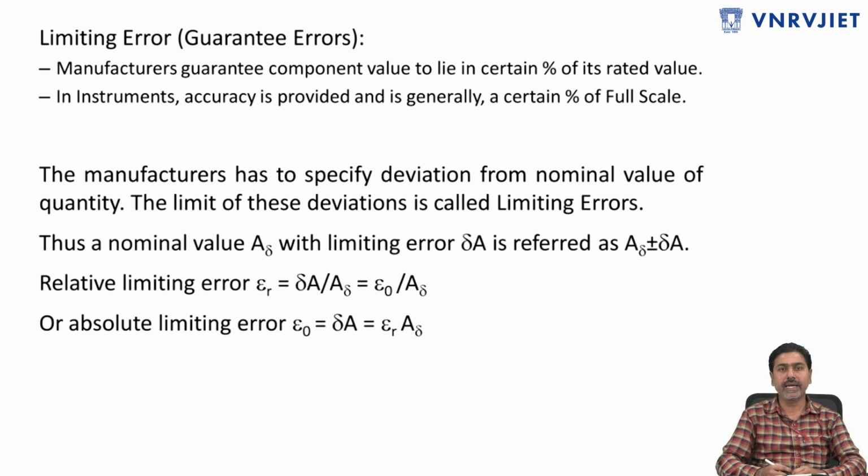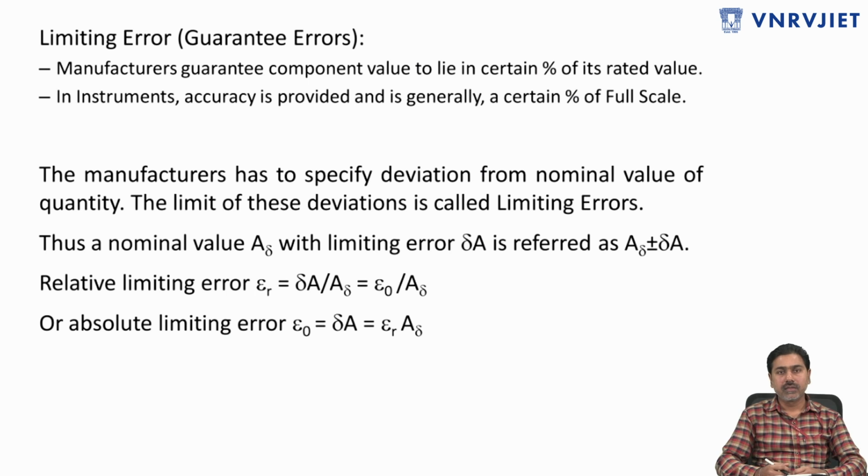So basically we can expect that this is the guarantee error that we may get from the device or instrument. And this value the manufacturer will provide in the data sheet after so many tests. And this is expressed in the relative value or absolute value or in percentage of the rated value.